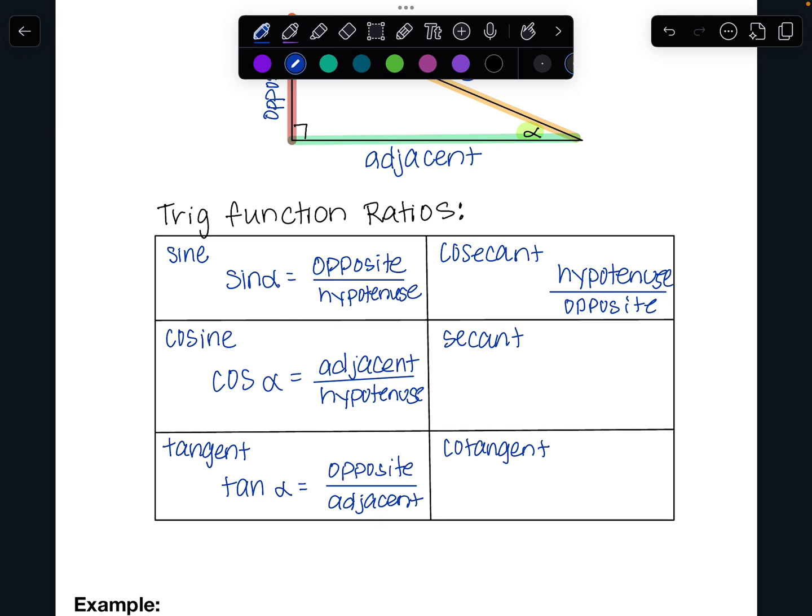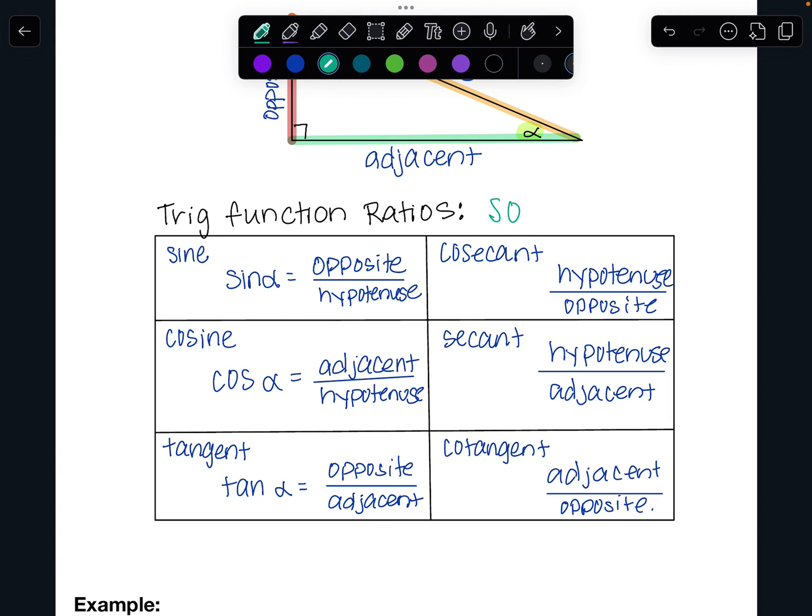Secant is going to be hypotenuse over adjacent. And cotangent is adjacent over opposite. An easy way to remember this is SOHCAHTOA.